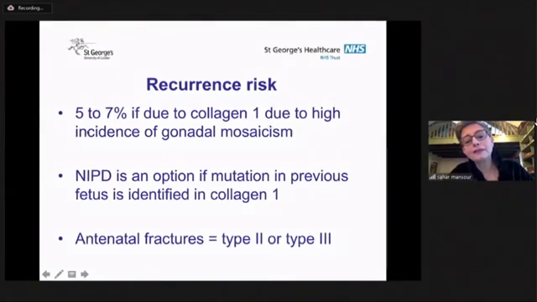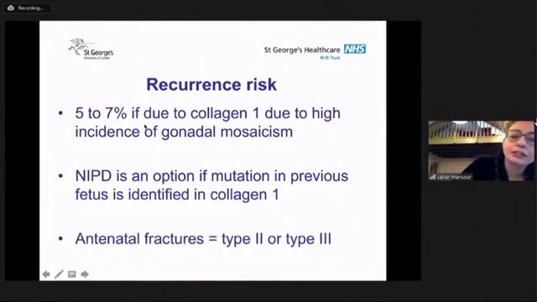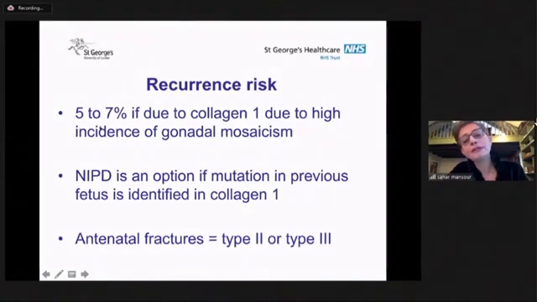It's 5 to 7%. Considering the parents are not affected and it's a new dominant mutation, the recurrence risk is high, and that's because one of the parents sometimes carries a mutation in more than one egg or sperm, so you have gonadal mosaicism. So it's very different to the thanatophoric or achondroplasia recurrence risk, much higher recurrence risk.